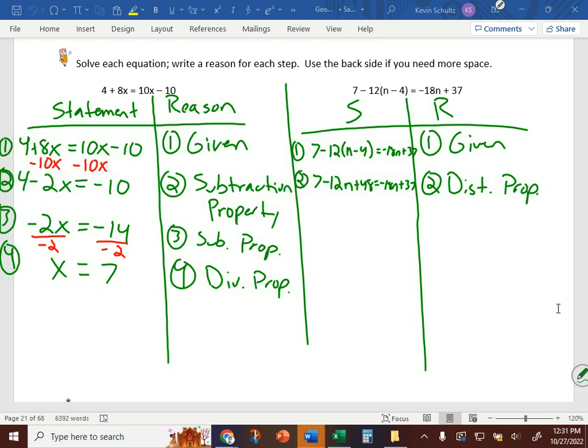Again, you have your conclusion, you give your reason. What would we do next? What can we conclude based off of this? Liesel. Distributive property. The numbers is just what we get after we distribute. Distribute the negative 12 in, and that's what we get after we distribute in the negative 12.